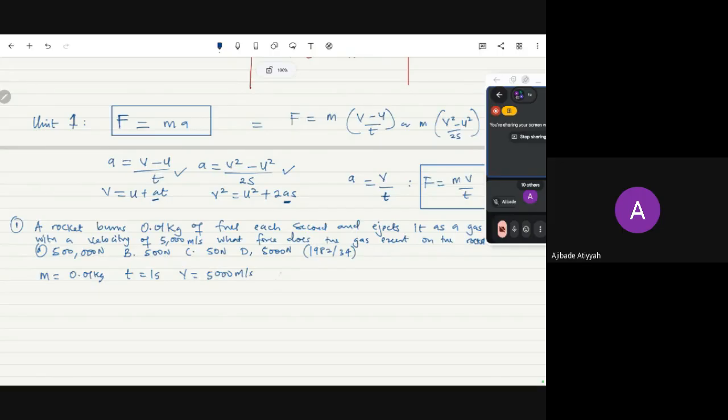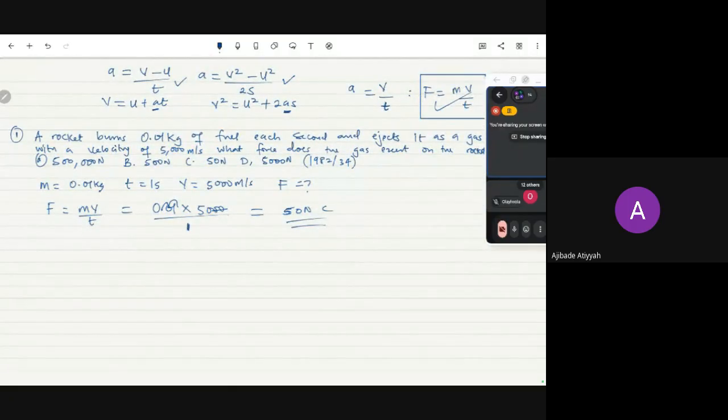You have to find F. So we have the formula F equals MV over T. M is 0.01 times V, which is 5,000, over T, which is 1. If you multiply this, it will cancel 2 of the zeros. That will be 50 Newton, and that's option C. Is this clear?